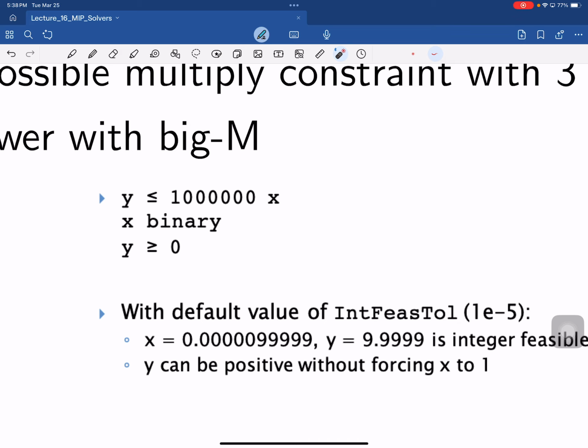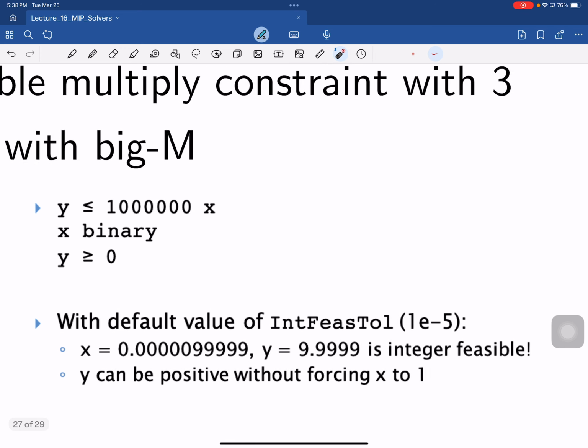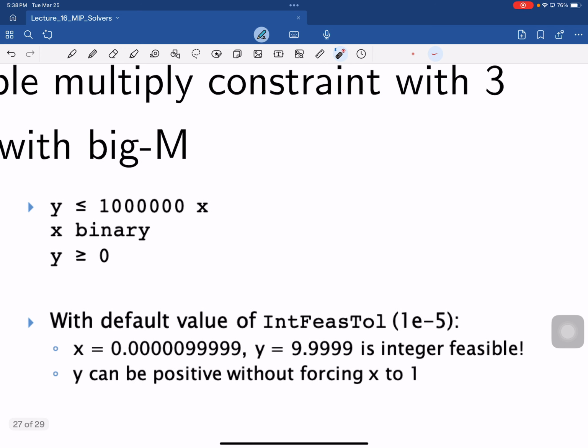Otherwise, you have to branch on all the variables, basically. So that's why the solver will not do that. So if you have a large big M, this numeric solution will sort of cheat, right? It will give you a very small number on X and treat X as 0, but here you still have a non-zero Y. That's not the logic you want to enforce here.